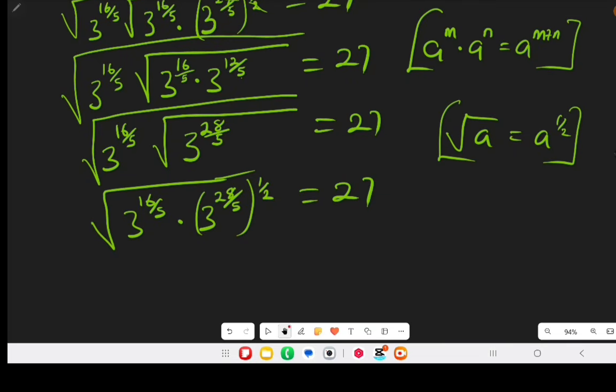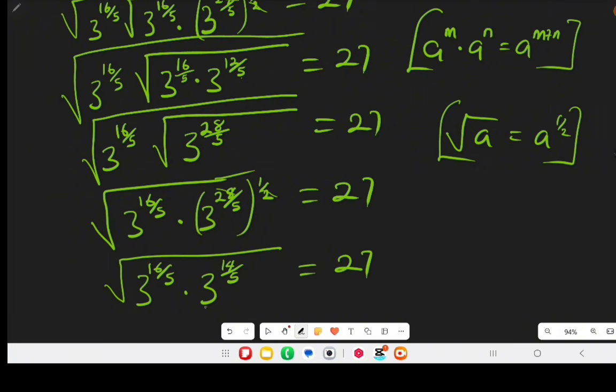If we continue, we multiply the powers here. We are having root of 3 raised to the power of 16 over 5 times 3 raised to the power of 2 into 28 is 14 all over 5, equals to 27.